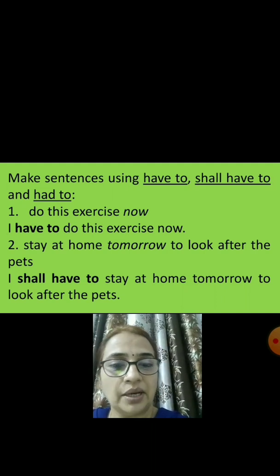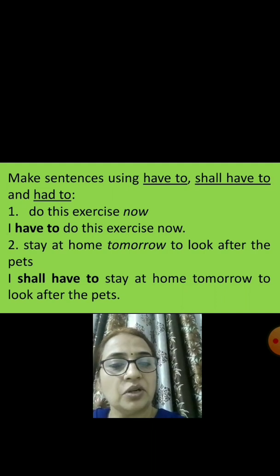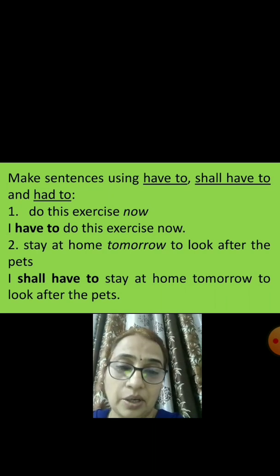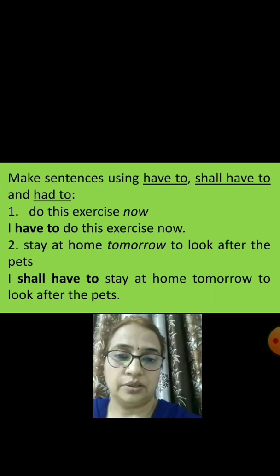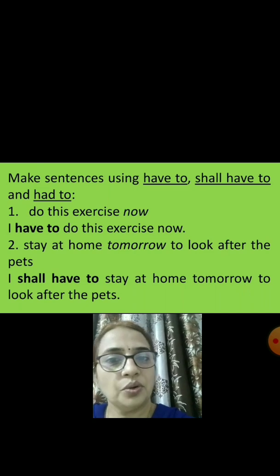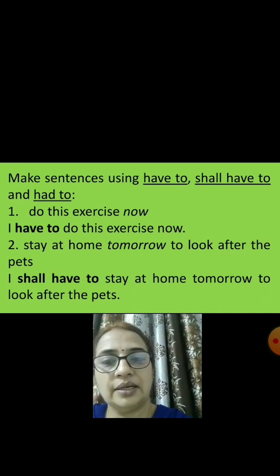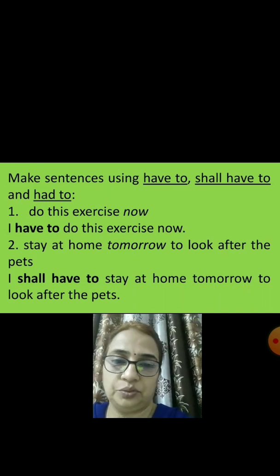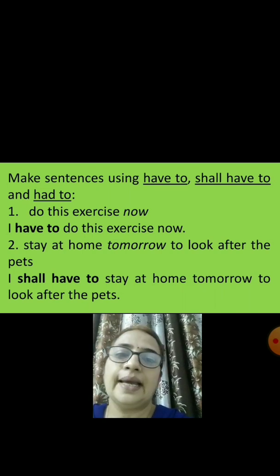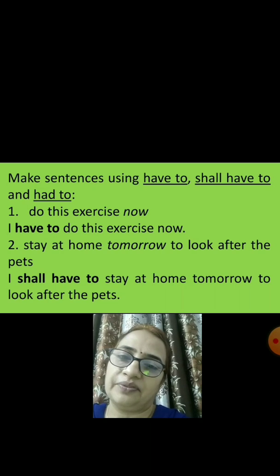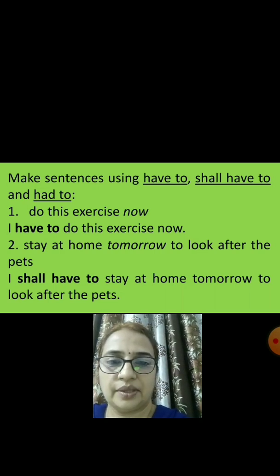Okay, we are talking about future, the action which is not completed. We are talking about the action which will happen tomorrow. So we have used here shall have to. I shall have to stay at home tomorrow to look after the pets.